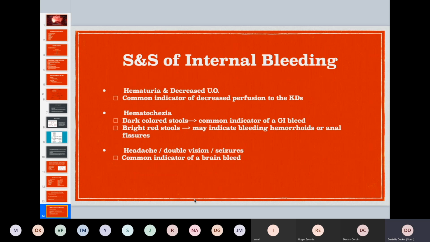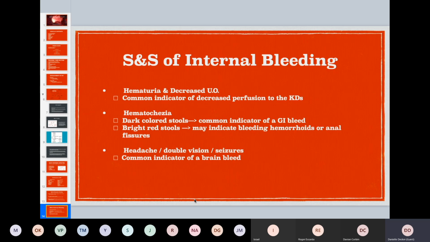Signs and symptoms of internal bleeding: we have hematuria and decreased urine output, which can be an indicator of decreased perfusion to the kidneys. With hematochezia, darker colored stools can be a common indicator of a bleed in the GI tract, whereas bright red stools may indicate bleeding from hemorrhoids or anal fissures.